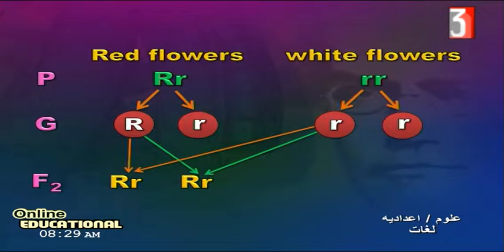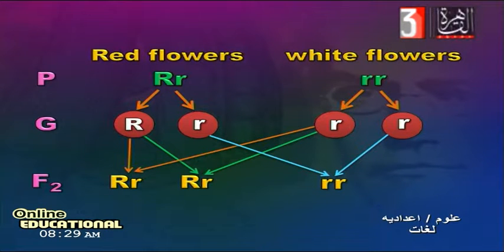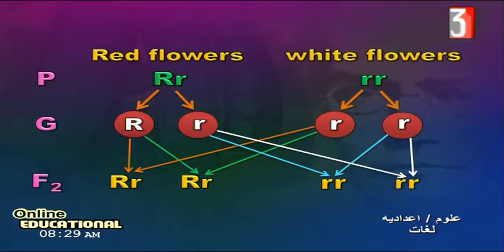If R capital meets R small, again R capital R small, it will produce red flower. If R small meets R small, it will produce white flower.